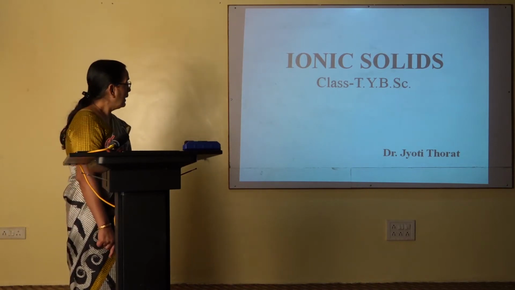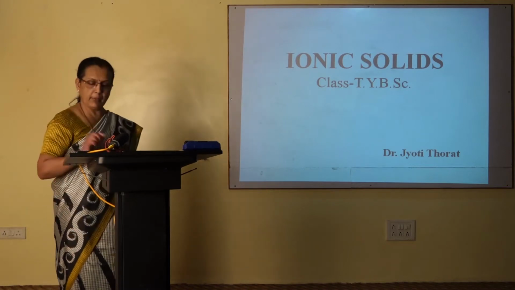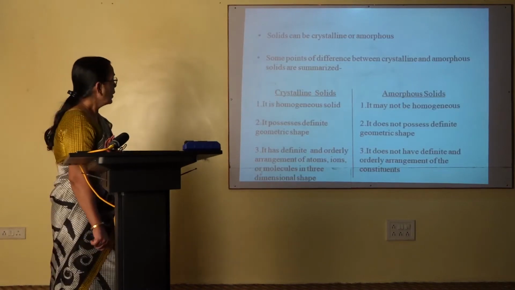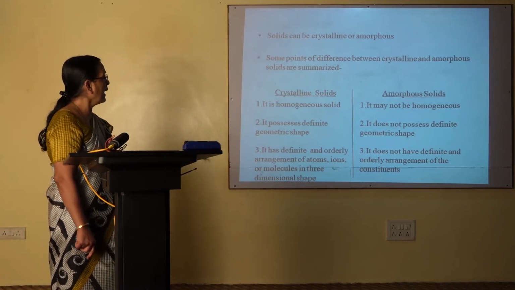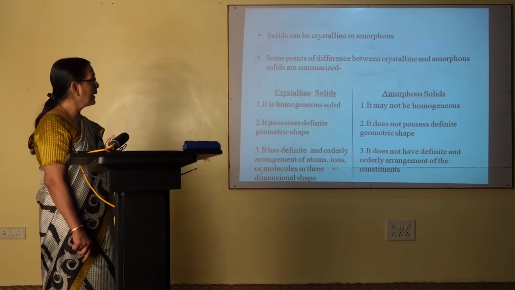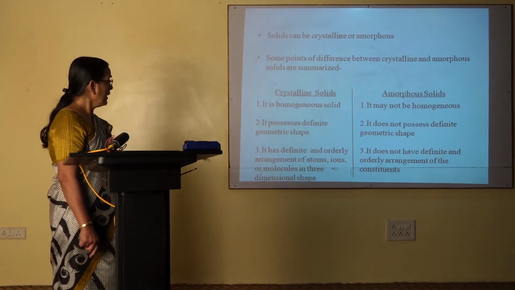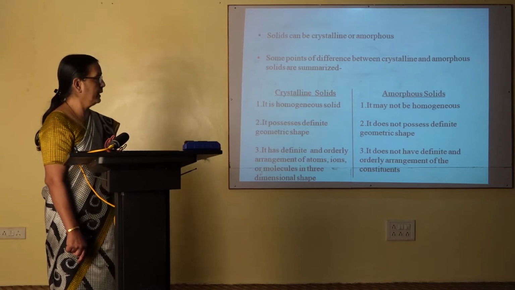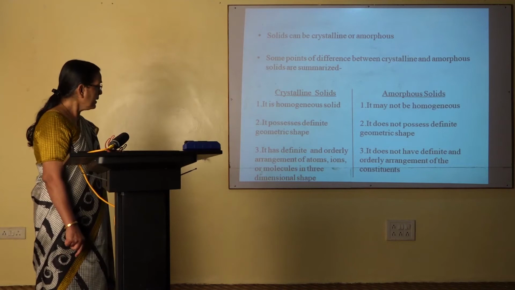Okay, see the name of the topic: ionic solids, class BSc. It has a definite and regular arrangement of atoms, ions or molecules in three-dimensional space. Then see some definitions here.